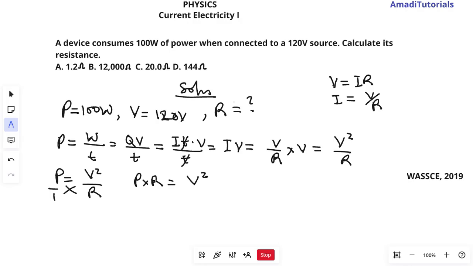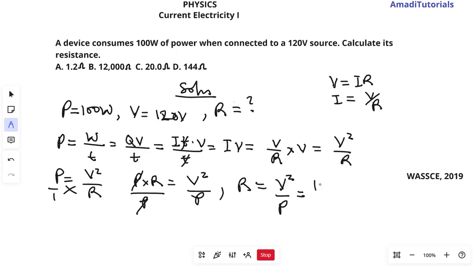Since I want R to stand alone, I have to remove P. P is with R by multiplication. The opposite of multiplication is what? Division. So if I divide both sides by P, R will stand alone, and P will cancel P. So we have that R equals V squared over P.